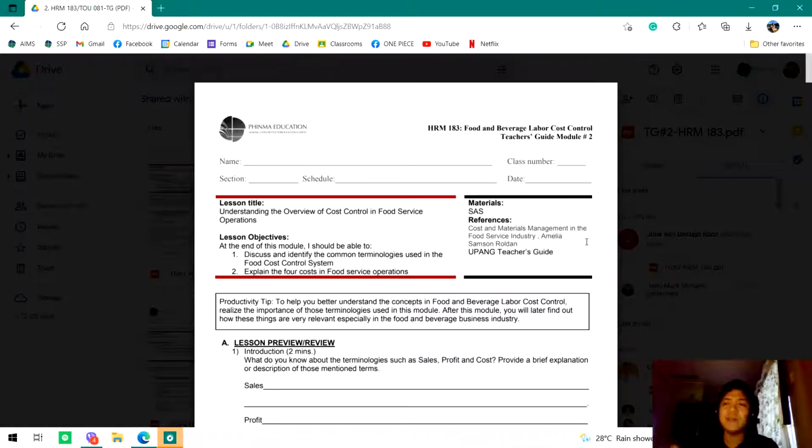Very simple, very basic formulas lang. Ang tatandaan nyo lang is yung mga kailangan dun sa mga formula na yun. Ano yung mga kailangan i-plot, ano yung mga figures na ilalagay mo to really get your results, yung para makuha mo talaga yung totoong resulta na makakatulong for your business.